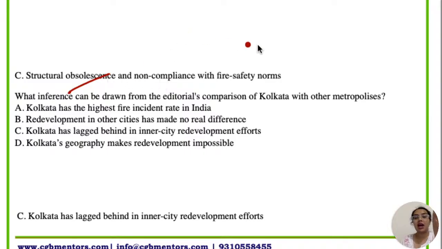What do you understand behind the lines from the editorial's comparison of Kolkata with other metropolises? So, Kolkata has lagged behind in inner city redevelopment efforts because some of the other metropolises have worked on the improvement in infrastructure. So, we can clearly see from the passage, not just the incident but the later part of the passage, as it compares the structural thing in inner city areas. It is saying that Kolkata is still lagging behind.